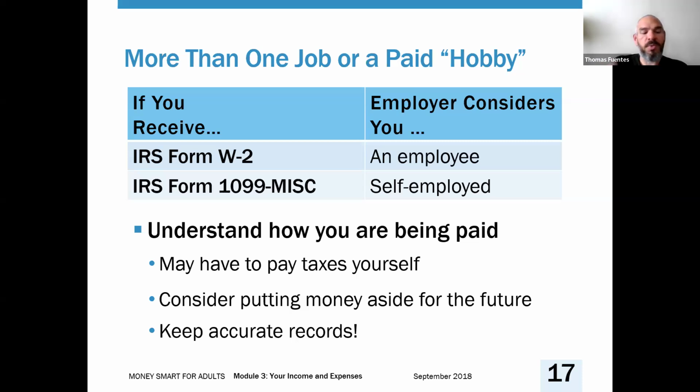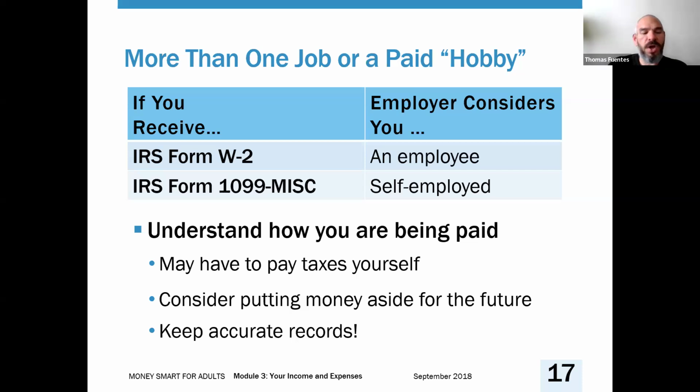if and when you get a regular paycheck or a pay statement, because the weeks or months between the times you're paid could be different. And the other reason why this is important is you may have to pay taxes yourself. Sometimes the tax withholdings are going to be a lot different depending on the type of income that you're receiving. With 1099 miscellaneous as a self-employed person, you're getting taxed on the revenues that you're generating as a small business owner as well.